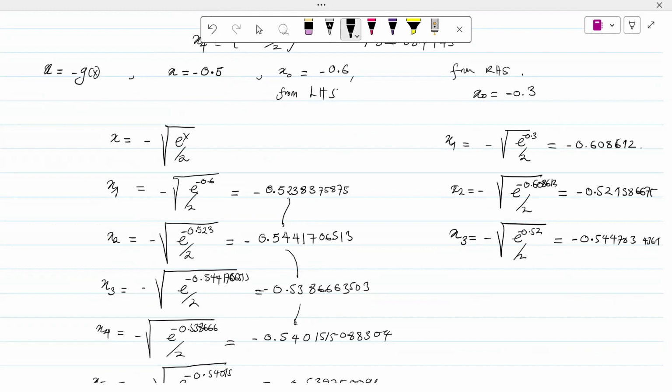It's because the curve is actually passing at 0.55, so it can't move away from 0.55. That's exactly where the root lies. But in this case, it's a structure we need to follow: 0.5, but we can't reach that 0.5. We'll just be getting closer and closer, doing a lot of iterations.